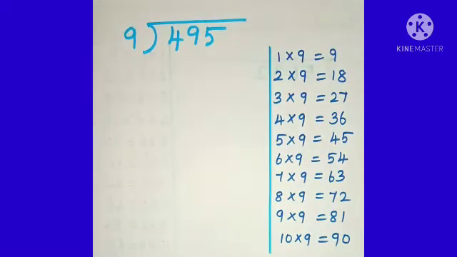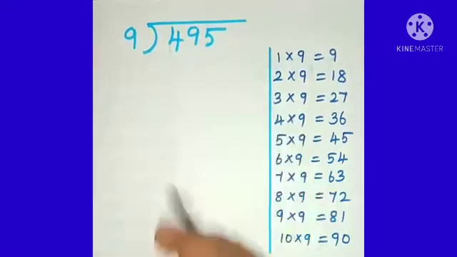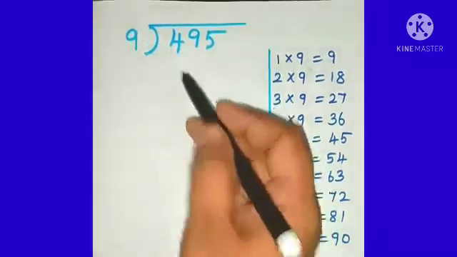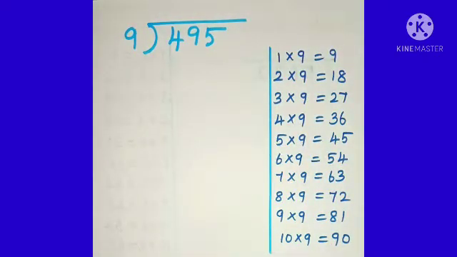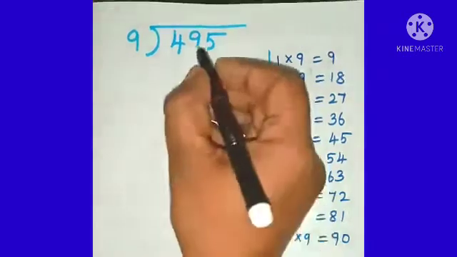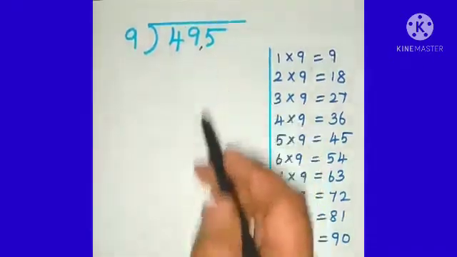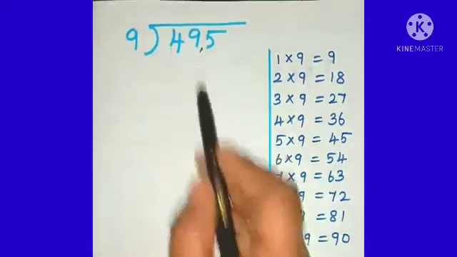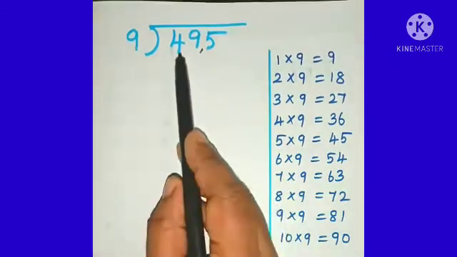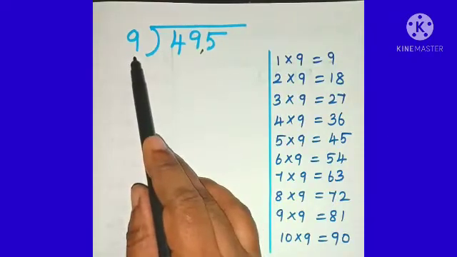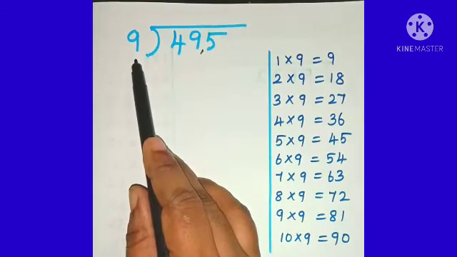Now, we know that by the long division method, first take the first digit 4, which is not divisible by the divisor 9. So, take 2 digits in the dividend. So, 49. Now, divide 49 by the divisor 9.